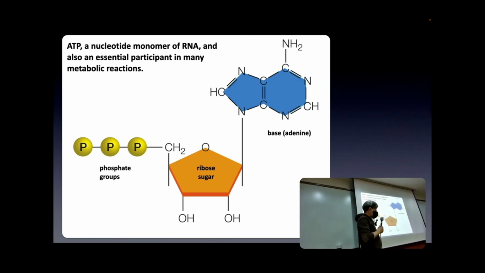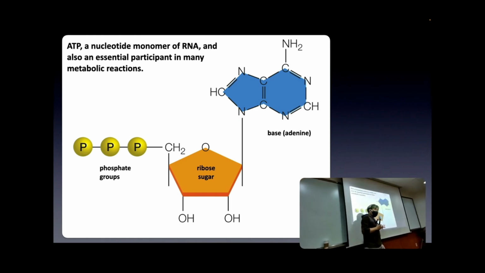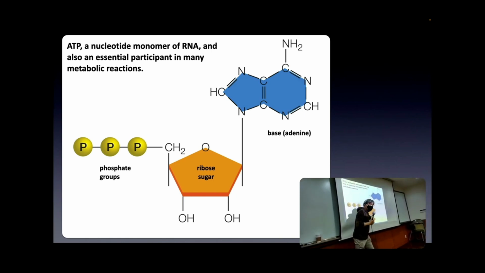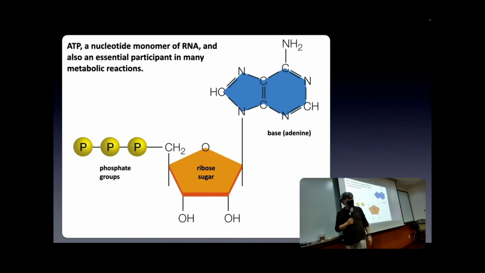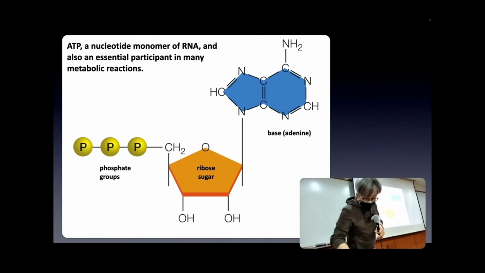It cannot be used in DNA assembly, unfortunately. Why? Because it has this. But if you have this thing removed, then of course it will be able to be incorporated in DNA generation.